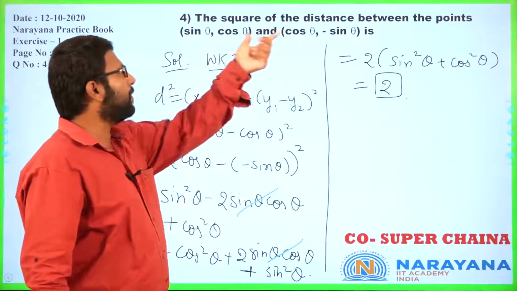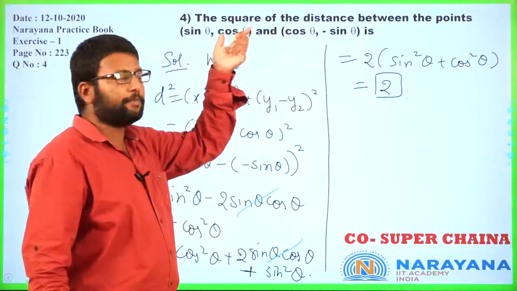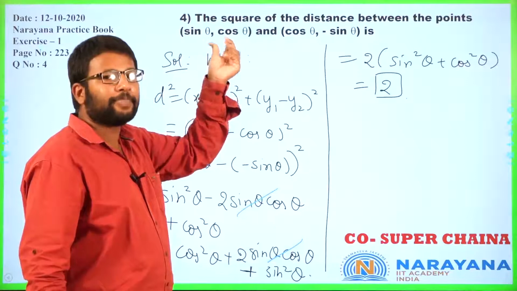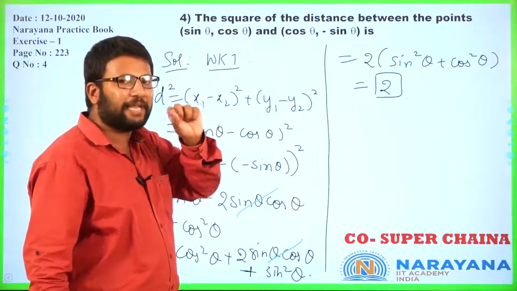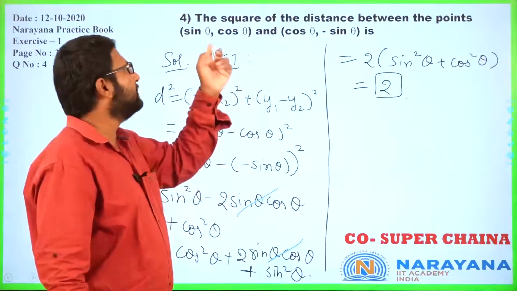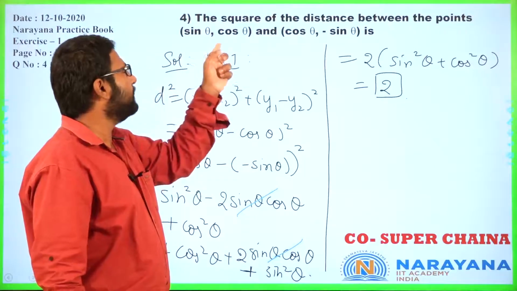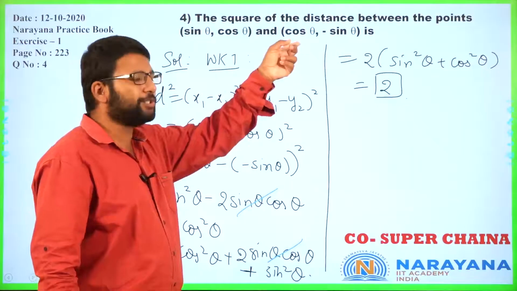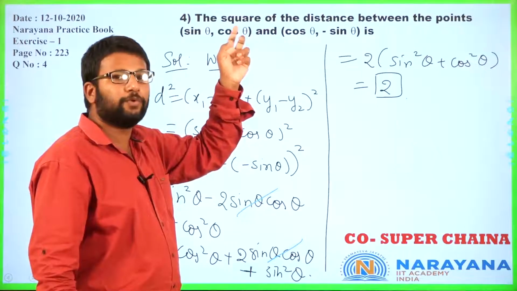These are basically points on the unit circle. They are points on a circle with center origin and radius equal to 1, and they make a very specific angle with the origin, in a way that if this is the point P and this is Q, then the angle between OP and OQ will be 90 degrees.